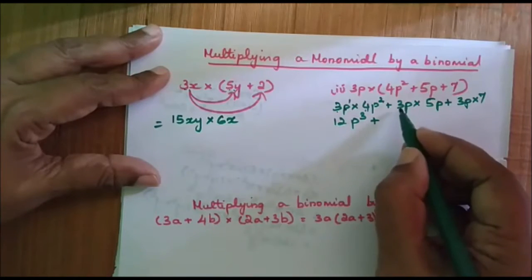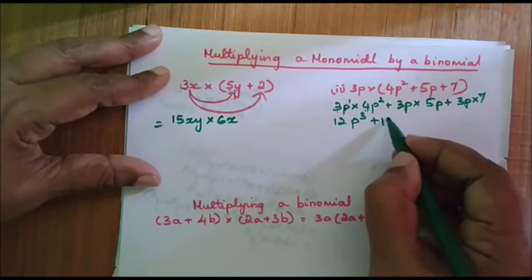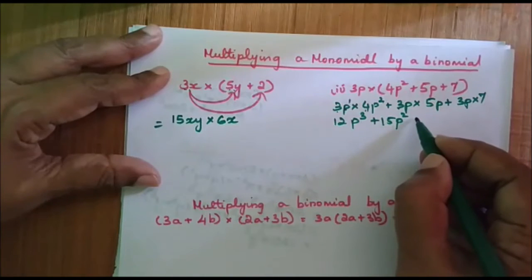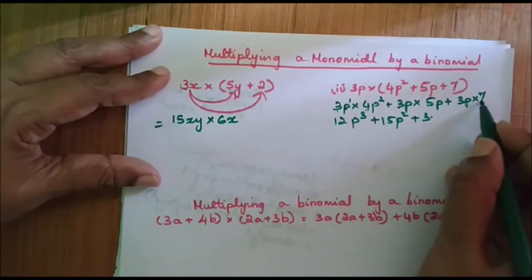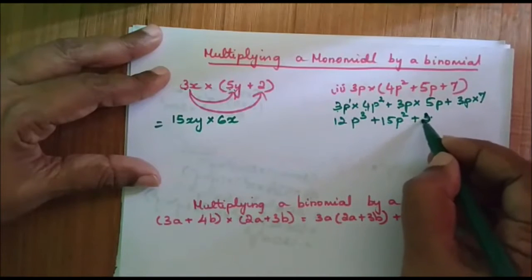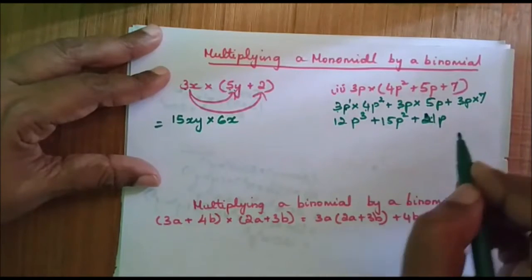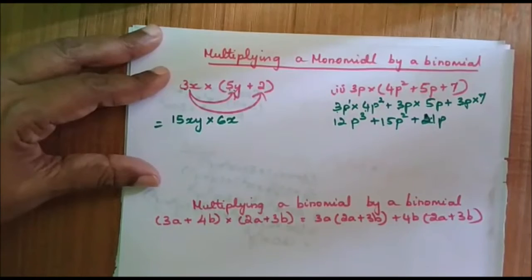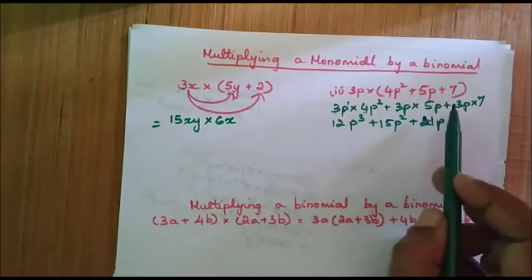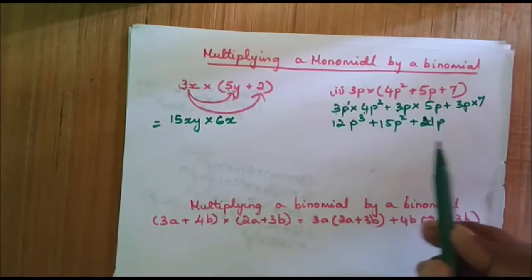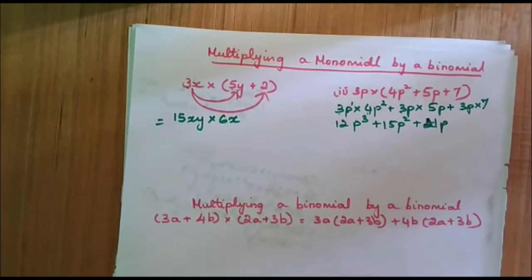Plus 3 into 5 is 15 p squared. Then the next is plus 3 into 7 is 21 p. So this is how we multiply a single monomial with a binomial. Now this is a trinomial also. So this is how we multiply.